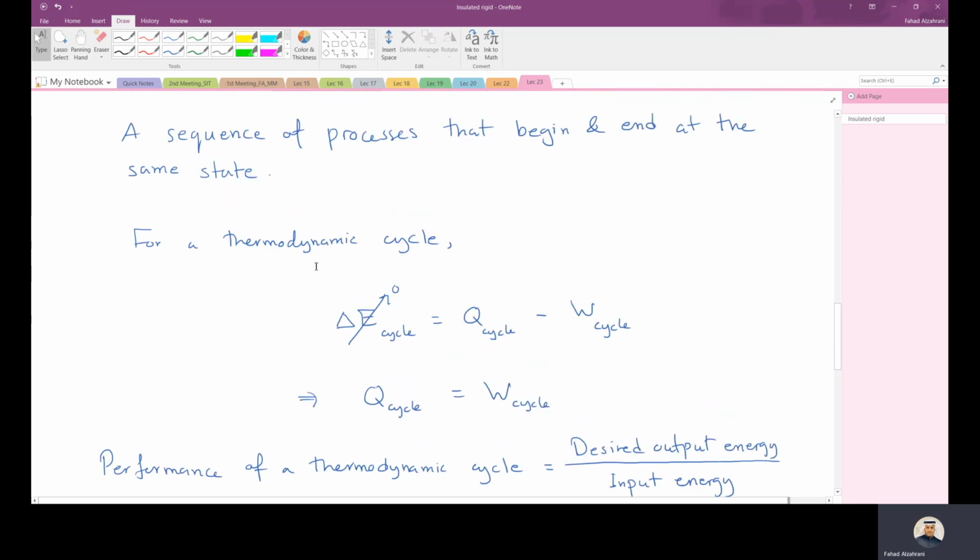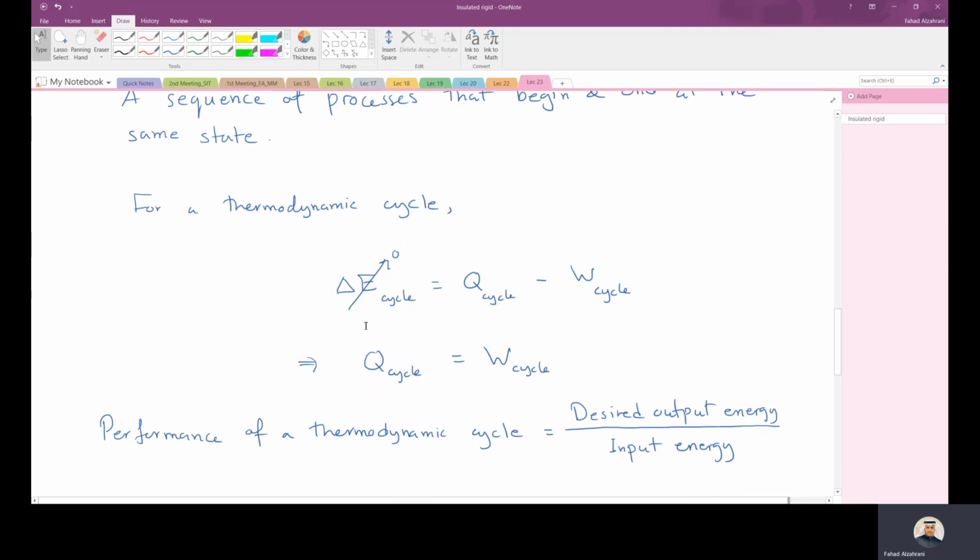If you apply the first law of thermodynamics for a thermodynamic cycle, because you start and end at the same state, the change of the energy of the system is zero, because the system went back to its original state. So that means for a thermodynamic cycle, the work of the cycle is equal to the heat of the cycle.